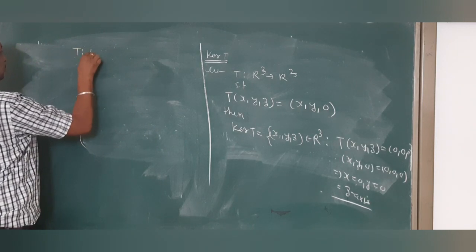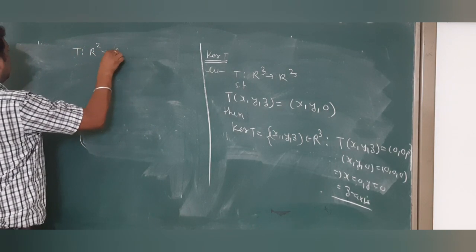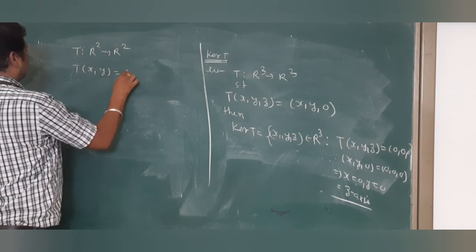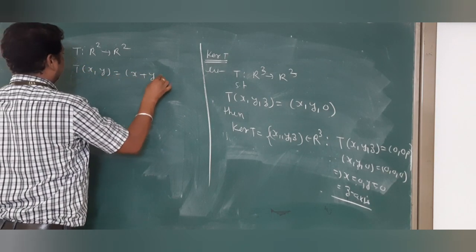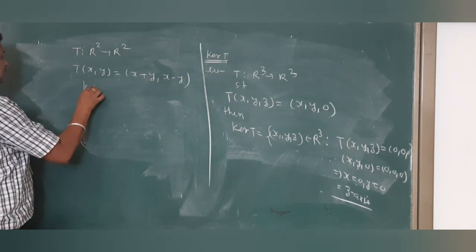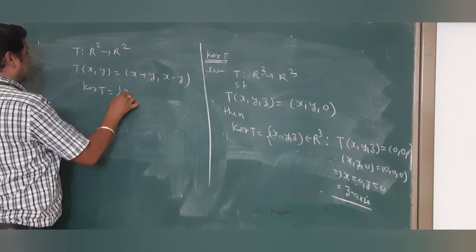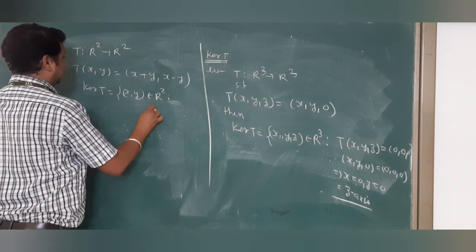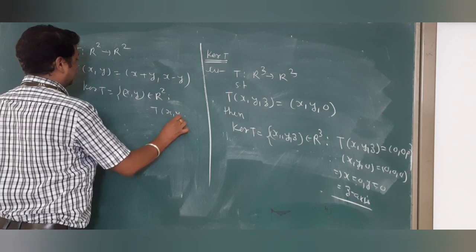Second example, T from R square to R square, T of xy is equal to x plus y, x minus y. So what is kernel T? The xy belonging to R square such that T of xy is equal to 0, 0.